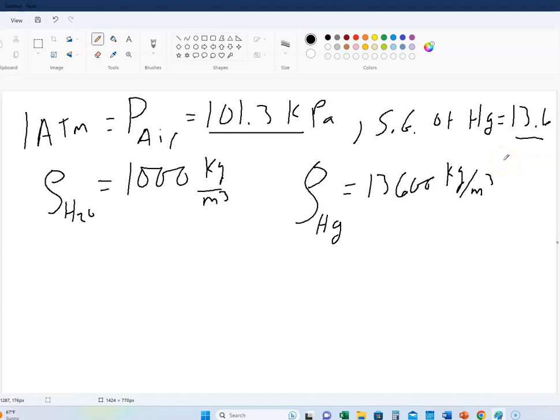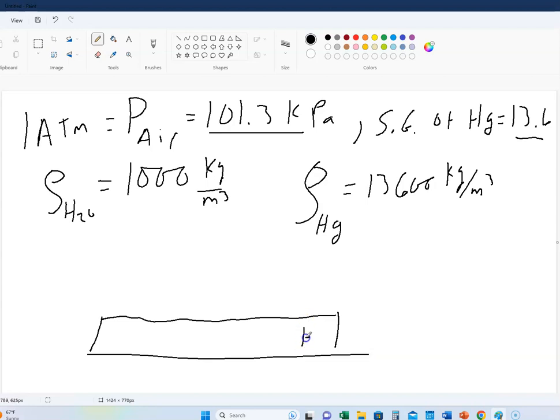So he took a test tube full of mercury, and he filled it all the way to the top, and then there was another container, a bath full of mercury, let's say. So here's our container full of mercury.